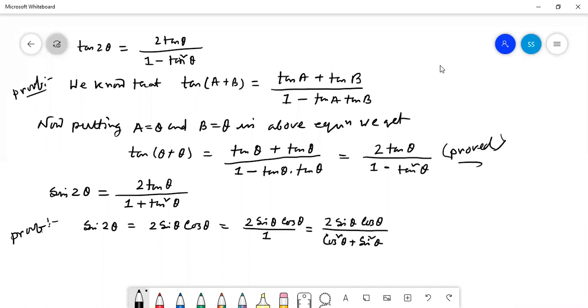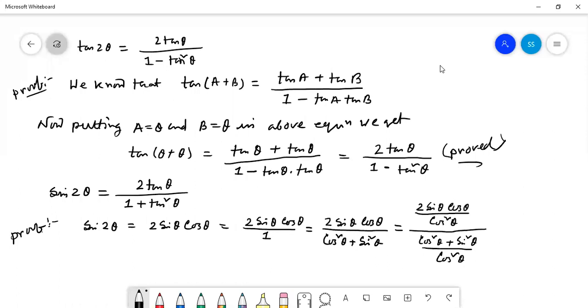Now dividing numerator and denominator by cos square theta, the numerator will be 2 sine theta cos theta by cos square theta, and the denominator will be cos square theta plus sine square theta, whole thing by cos square theta. Can you write this? After that, dividing both numerator and denominator by cos square theta, right?